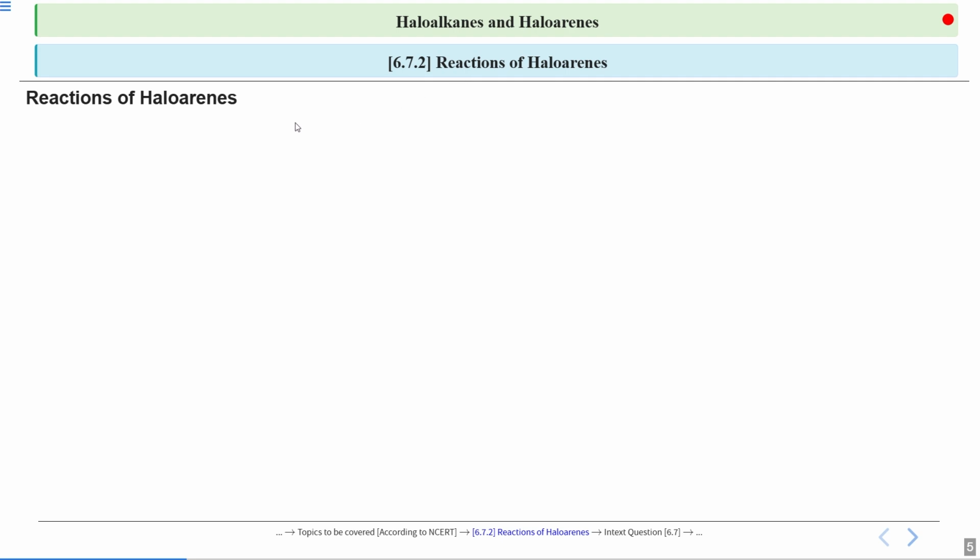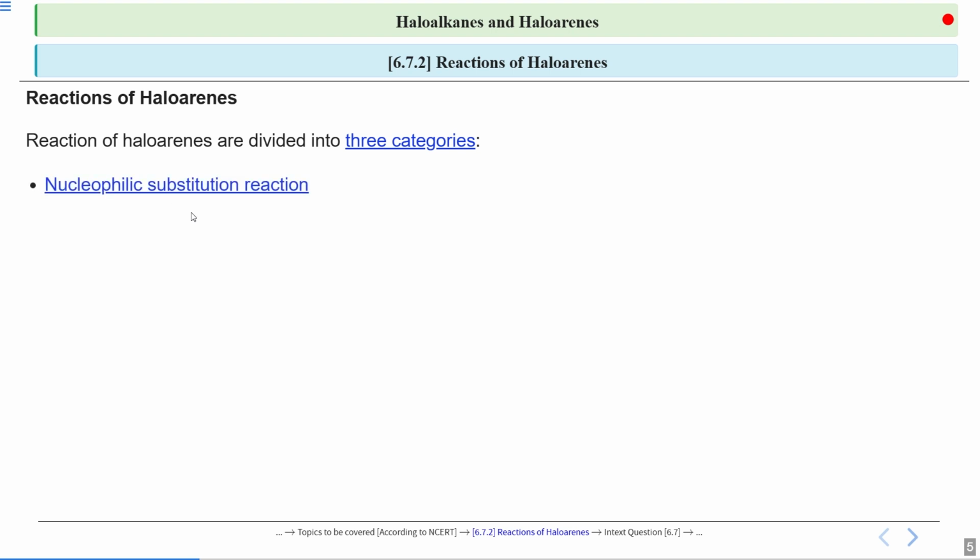Reactions of haloarenes. Haloarenes means aryl halides, a benzene ring attached to a halogen group. The reactions of haloarenes are divided into three major categories. The first one is nucleophilic substitution reaction, where we use a nucleophile.